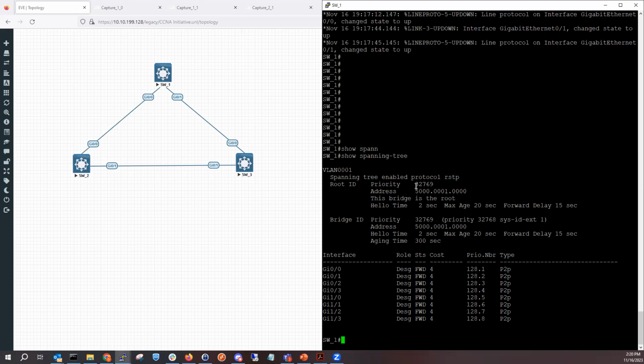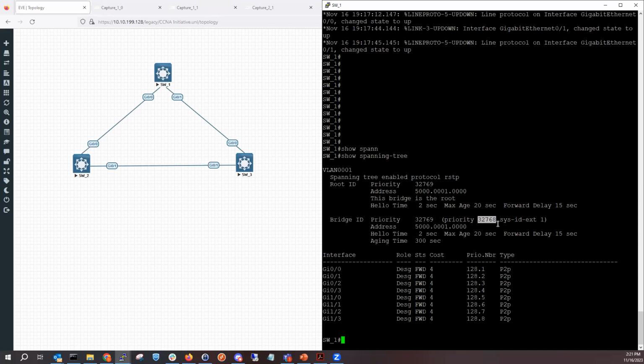And of course, like I stated with you guys, we did not manipulate the priority. The priority value by default, you guys need to know this for your exam, is 32768. The priority for each VLAN is going to change depending on the number of the VLAN. So the priority is the default priority number plus the number of that VLAN.